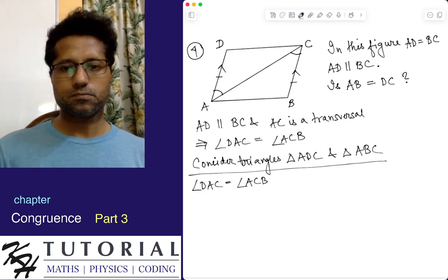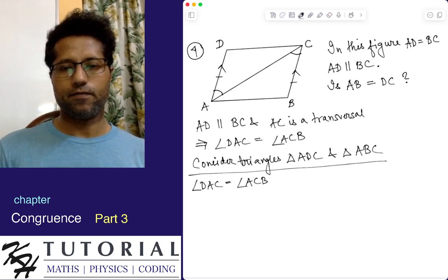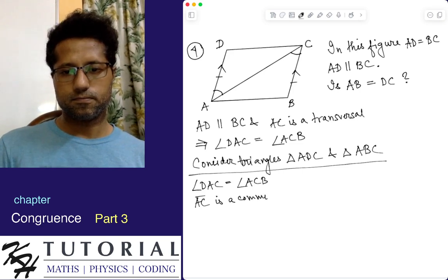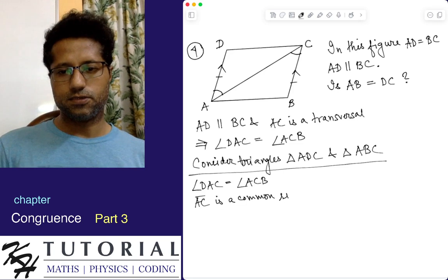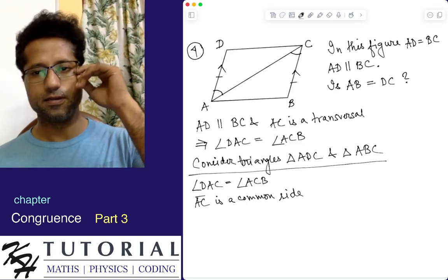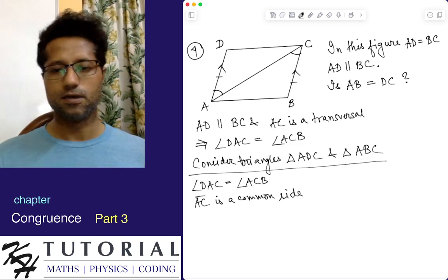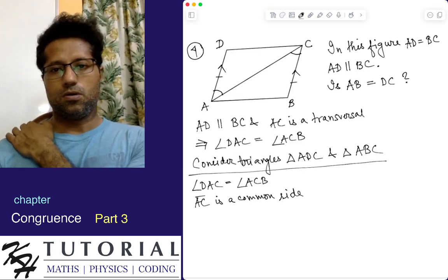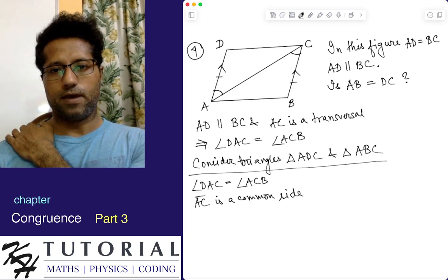Okay. Now, also we have AC as a common side. Since one side is common to both the triangles, we have an equal side. What else do we have?